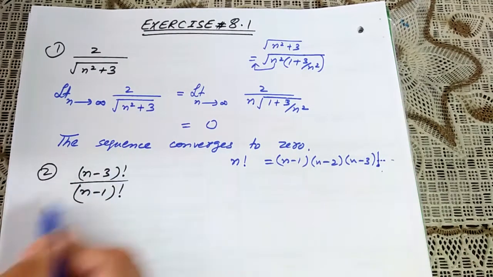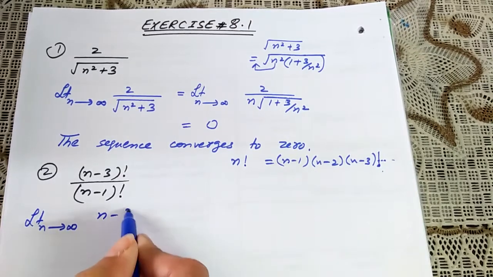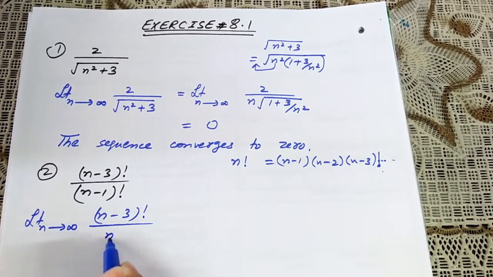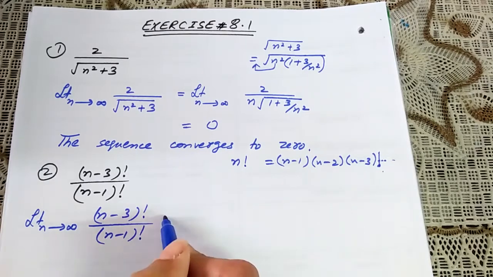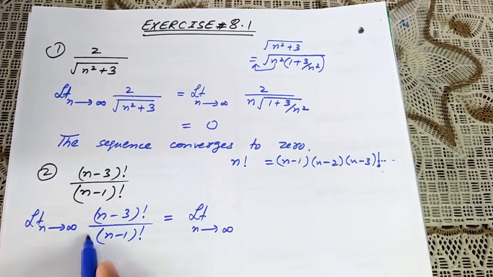Here we apply the limit, limit n approaches infinity, n minus 3 factorial over n minus 1 factorial. I can open this n minus 1 factorial if I keep subtracting 1 from it.